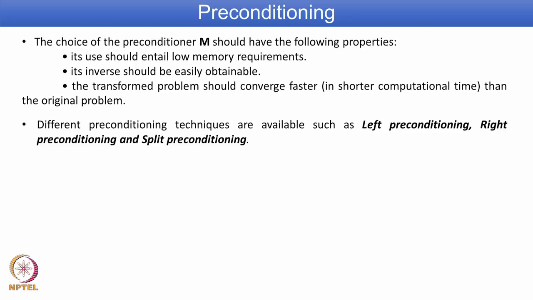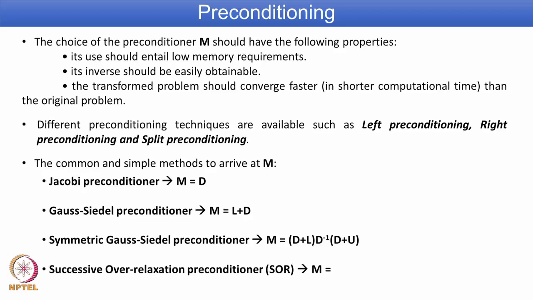Different preconditioning techniques are available such as left preconditioning, right preconditioning and split preconditioning. Common and simple methods to arrive at M: first one, Jacobi preconditioner, where the diagonal element of the coefficient matrix A itself is the preconditioner.